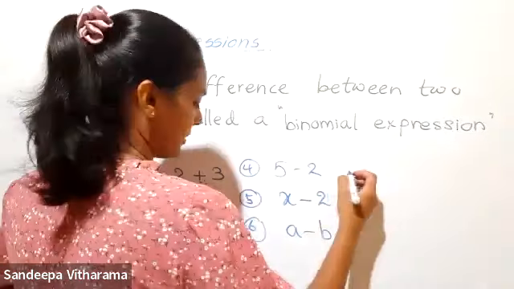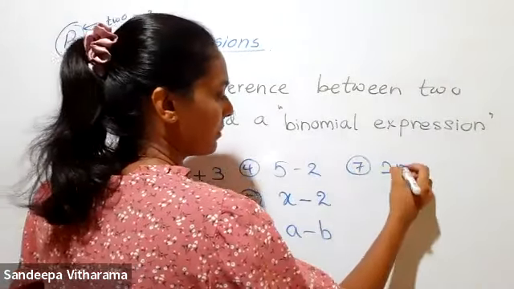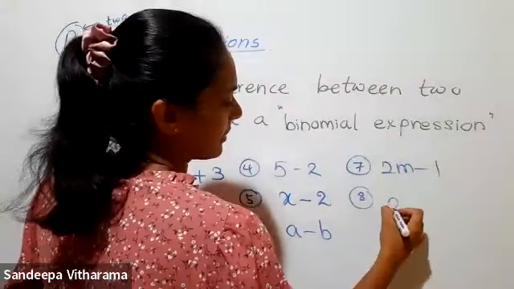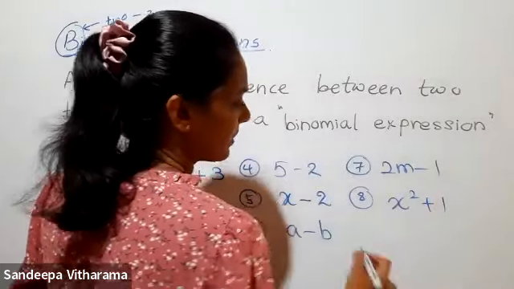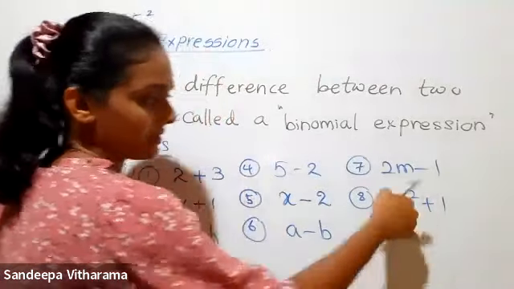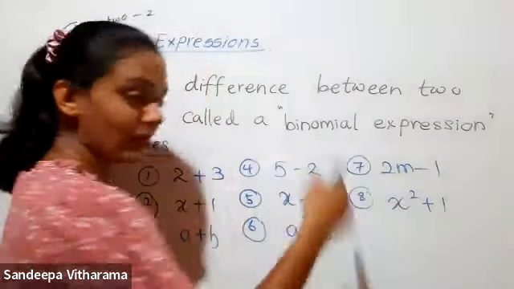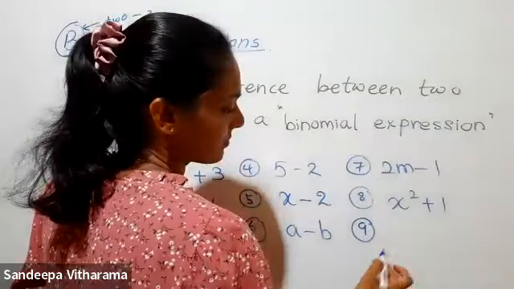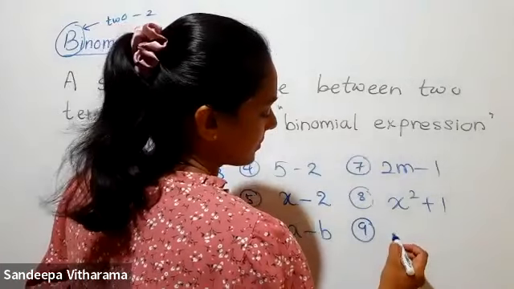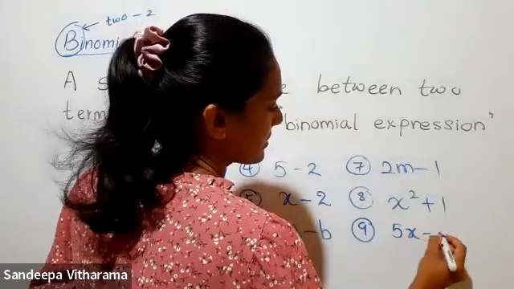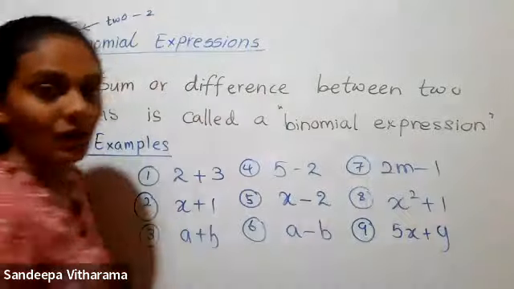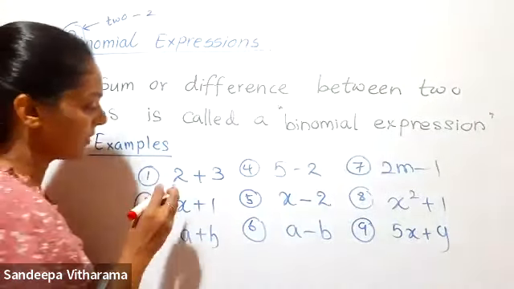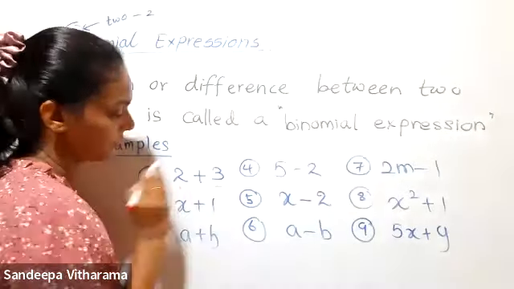And 2m minus 1. x squared plus 1. It doesn't matter. Here x squared means one term. 5x added y. All these consist of only two terms. Can you identify here 1, 2?